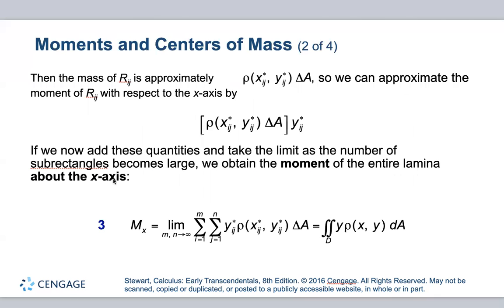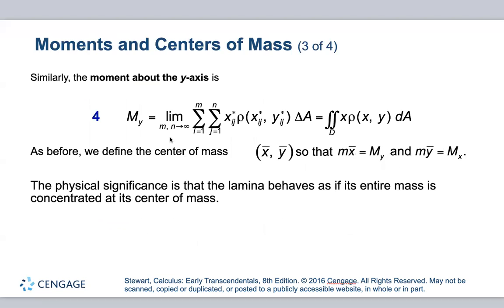You need to know moments about the axes. So Mx is the double integral of y times the density over the region. The moment about the y-axis, not the moment of inertia, is the double integral of x times the density.